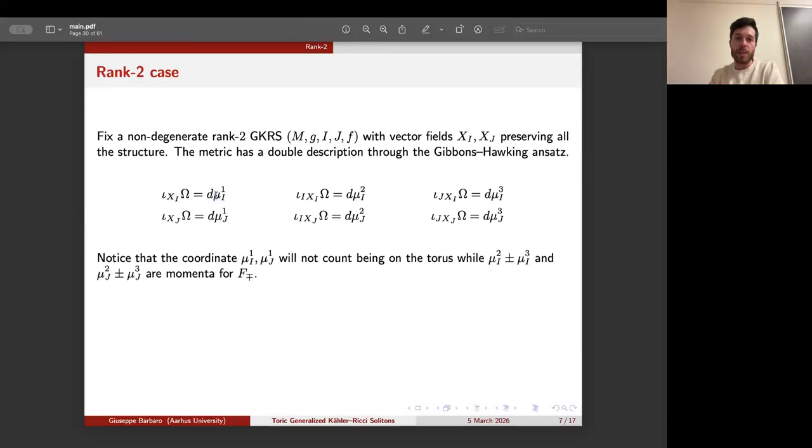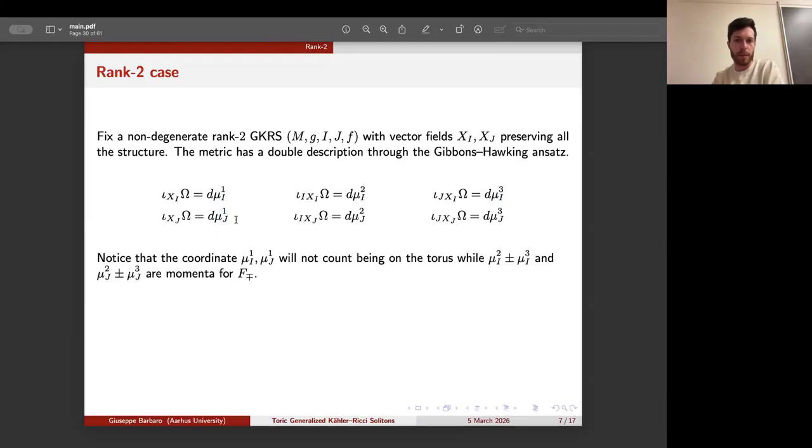The image of the moment map that we care about is not going to R3, but down to R2, so we have to remove a dimension. Only mu2 and mu3 will be the important ones, because this one accounts for the direction on the other torus.